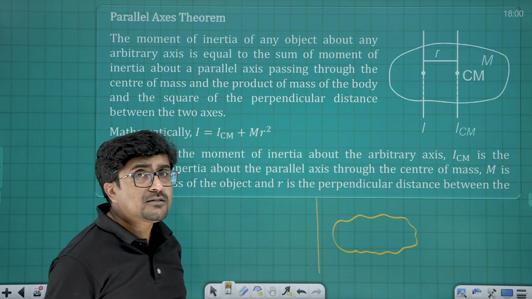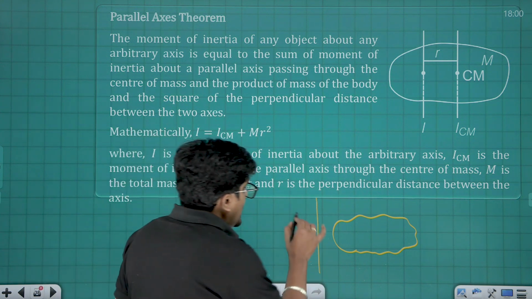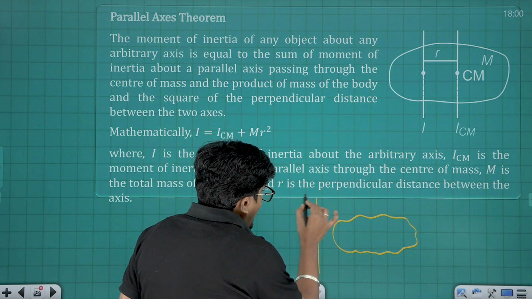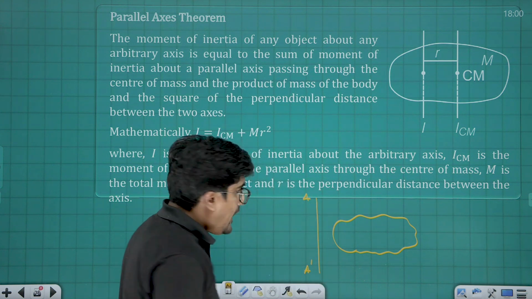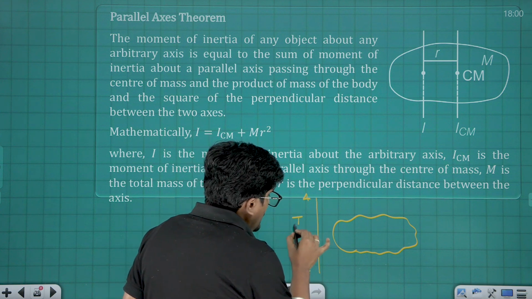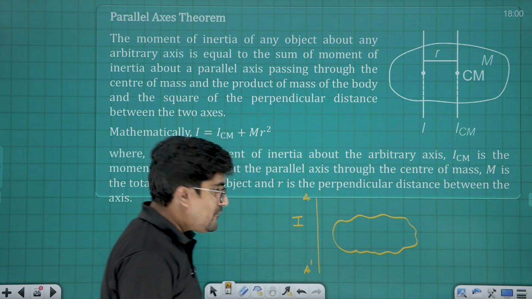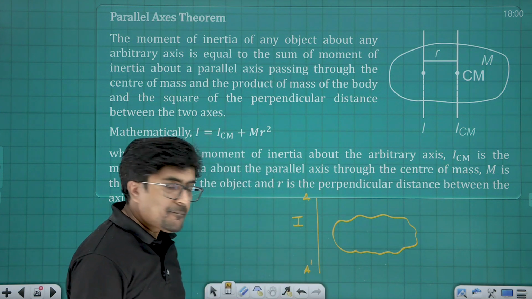This theorem will help us. Let this axis be a dash, and let the moment of inertia of this particular mass with respect to a dash be I.